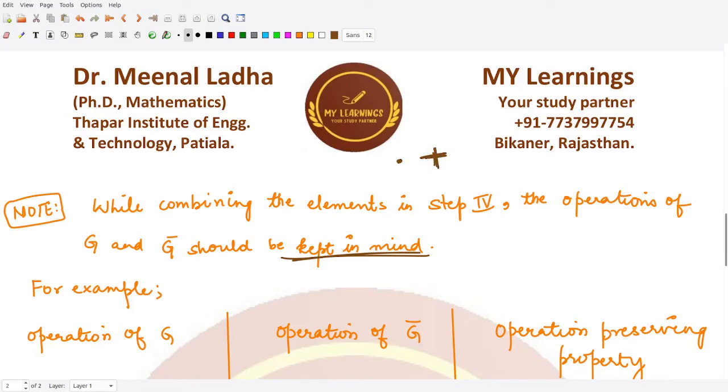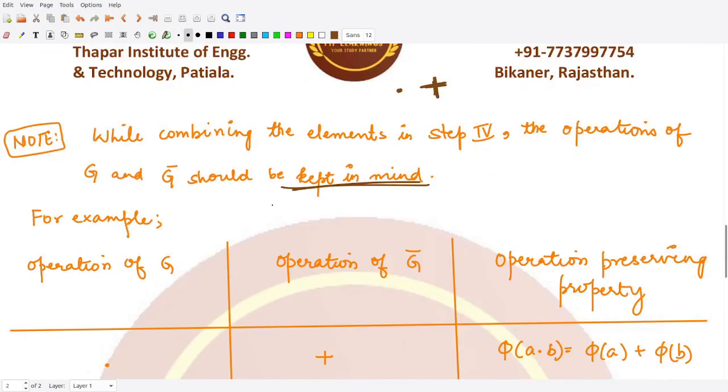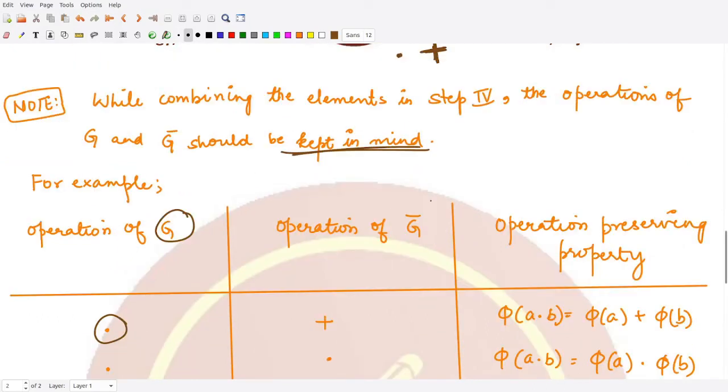If the group operation of the group G is multiplication and the group operation of the group G bar is addition, then the operation preserving property would become phi of the element A with element B, combined by the group operation of G, which is multiplication, so we are multiplying both the elements.